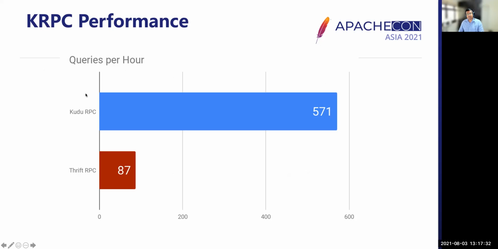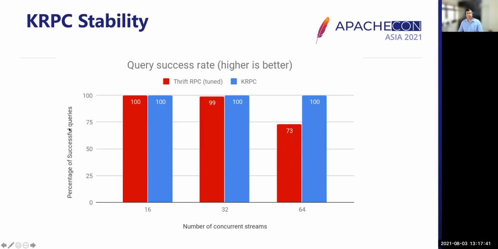Some stats for KRPC. After implementing KRPC, the number of queries per hour went up significantly compared with Thrift RPC. We are also able to run a higher number of concurrent queries with successful completion. On the right, you see 64 concurrent queries. With Thrift RPC, we could run only 73.